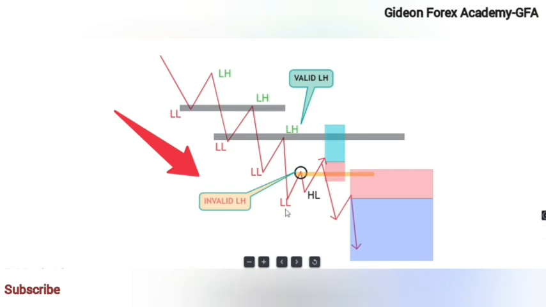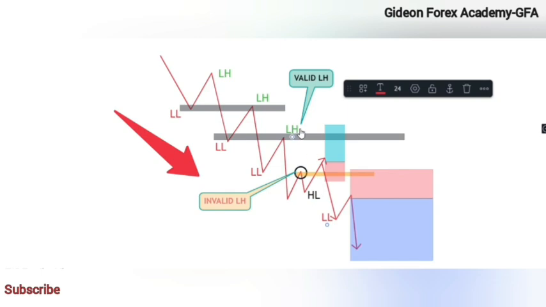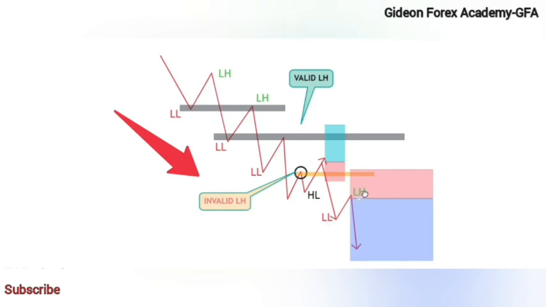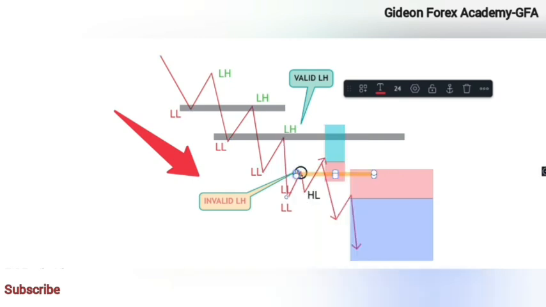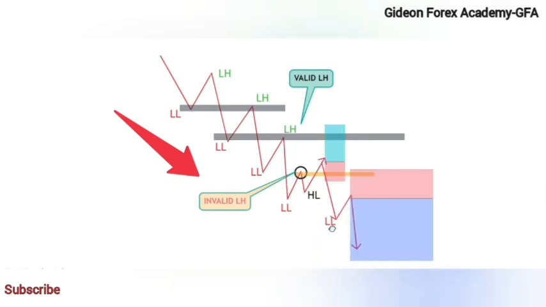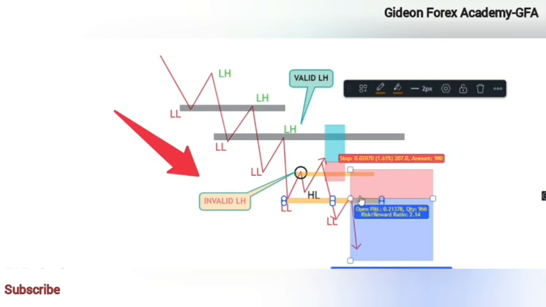This would be the right time: when the price forms a lower low, and then after the lower low, you wait for a retracement. You would wait for the price to form a lower low, okay? And then retrace to retest this previous lower low here, okay?